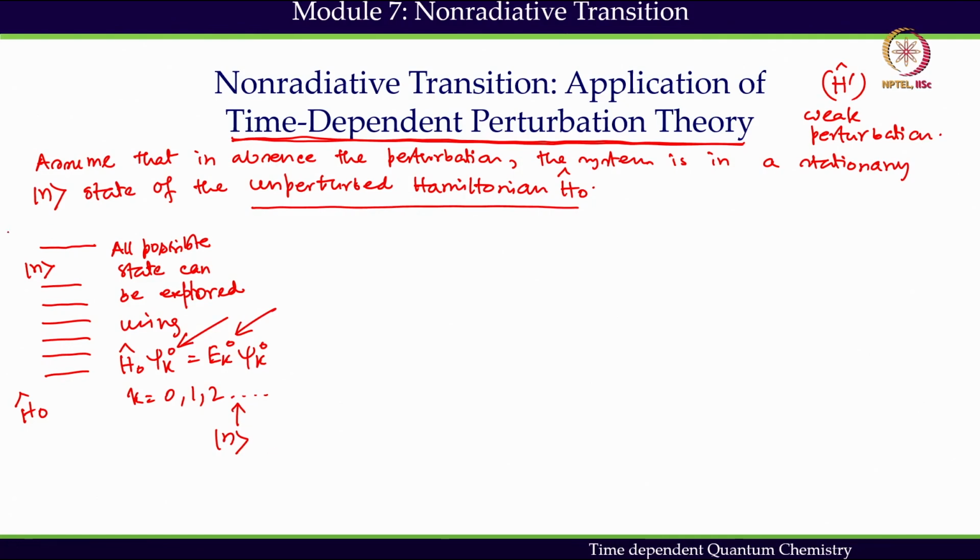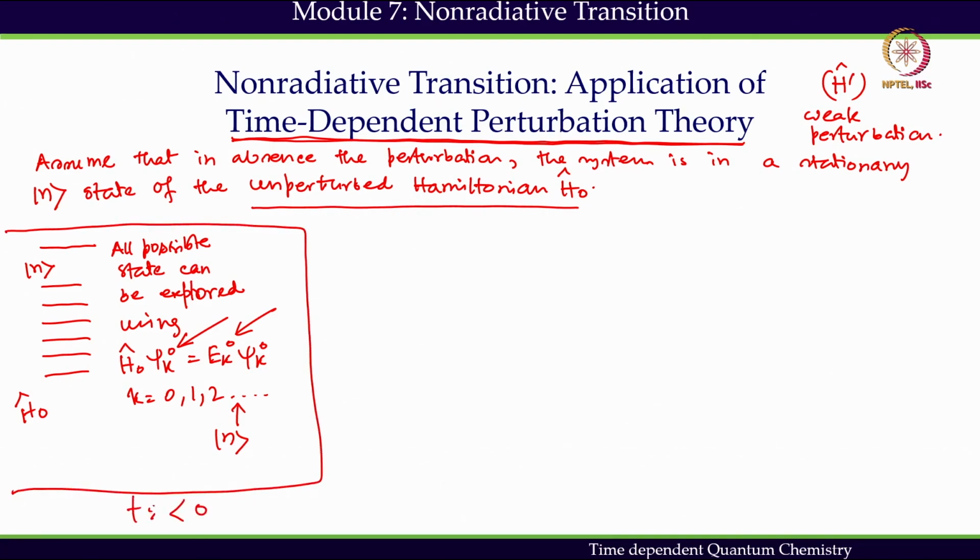So this is something which is before t less than 0, which means I haven't started the perturbation, I haven't introduced the interaction yet. So all possible states can be obtained from this unperturbed Hamiltonian.